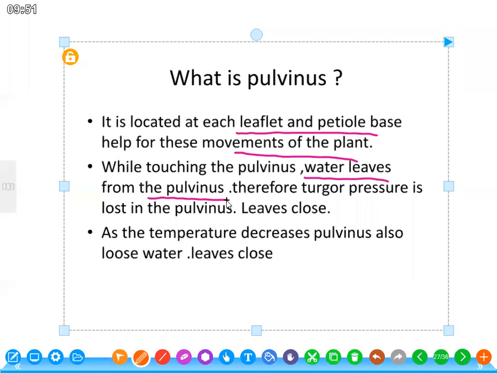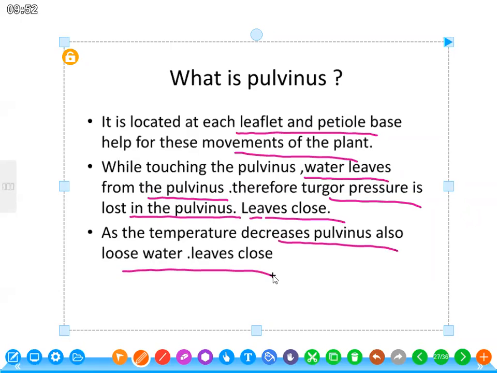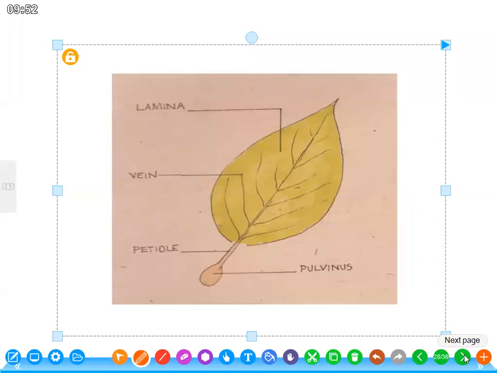Therefore, turgor pressure is lost in the pulvinus and the leaves close. As the temperature decreases, the pulvinus also loses water and the leaves close. Here you can observe the pulvinus, okay?